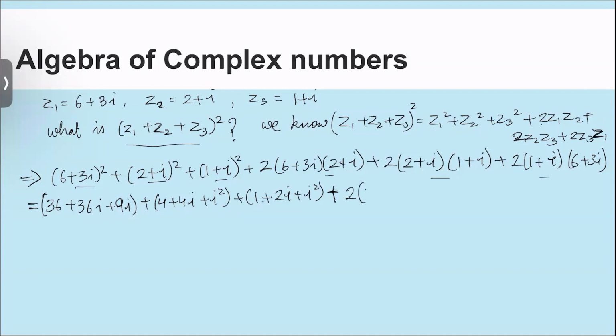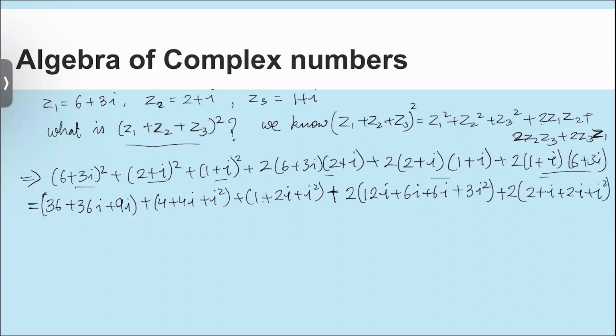So you get 12 plus 6i plus 6i plus 3i squared. Okay, then you have plus over here 2, so you have 2 plus i plus 2i plus i squared.